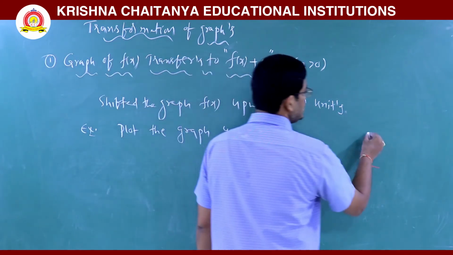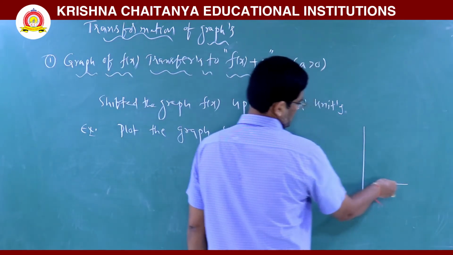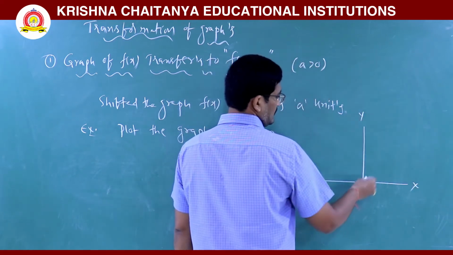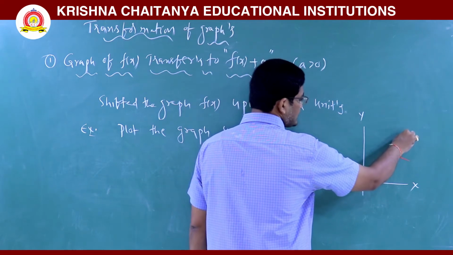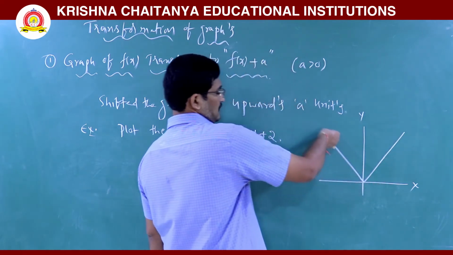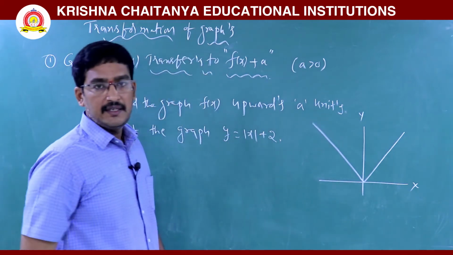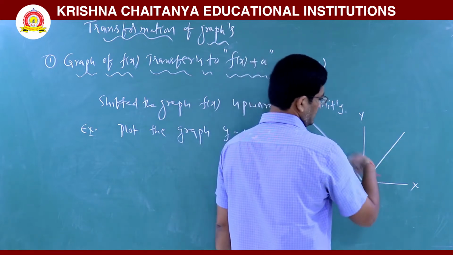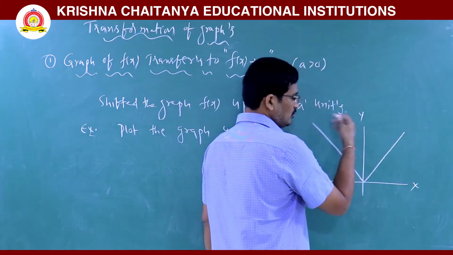See, this is the coordinate system, x axis, y axis, you know. Already you know about the mod x graph. It's a V-shaped curve. Already I explained this graph, mod x. This is the y equal to mod x graph. It is y equal to x, and it is y equal to minus x, you know.